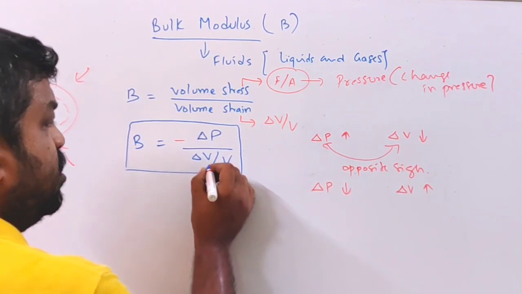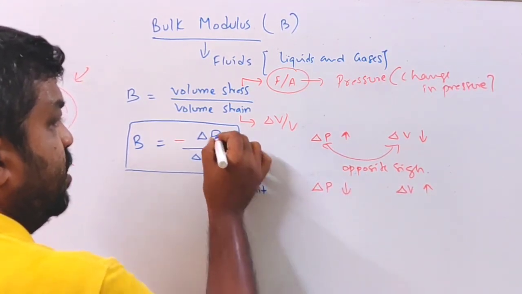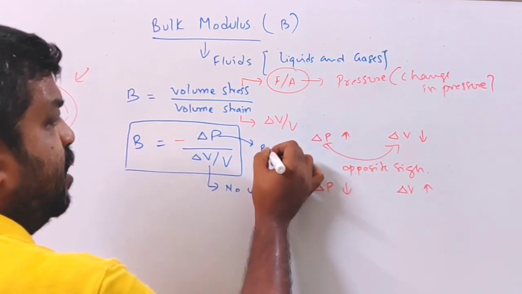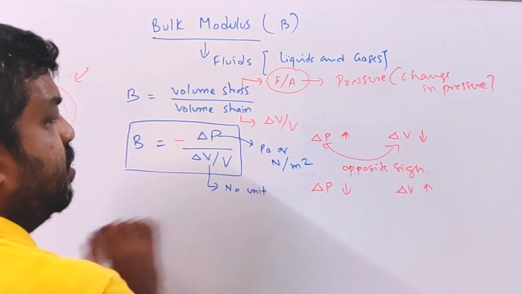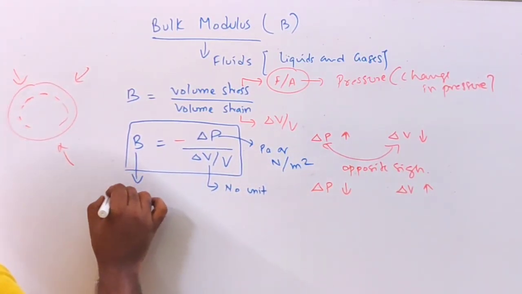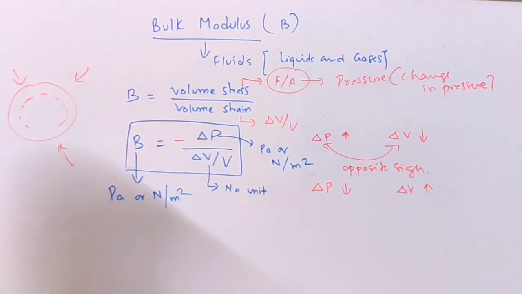Now obviously delta V by V has no dimension, no unit. Delta P has a unit of Pascal or Newton per meter square. So obviously bulk modulus will have a unit of Pascal or Newton per meter square.